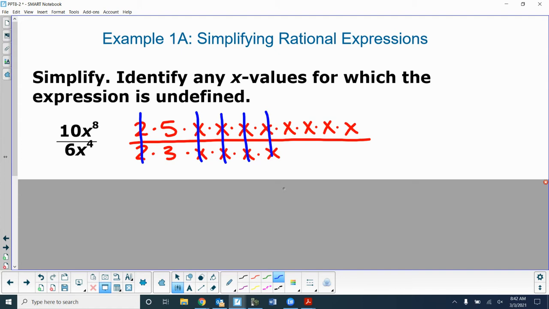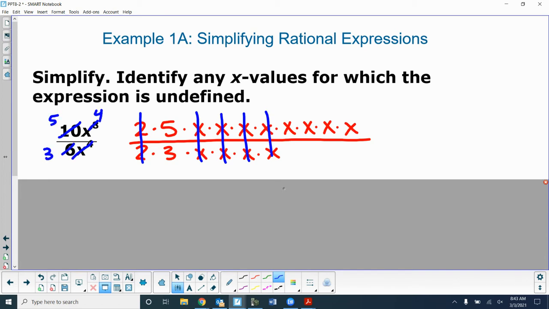That's simplified. Now normally what we do is, where's the higher exponent? Top. So where's the x going to stay? Top. And how many are going to stay up there? 4. You just subtract, right? What number goes into both of these? 2. So normally we'll just go, 2 goes into that 5 times, 2 goes into that 3 times. Those cancel.